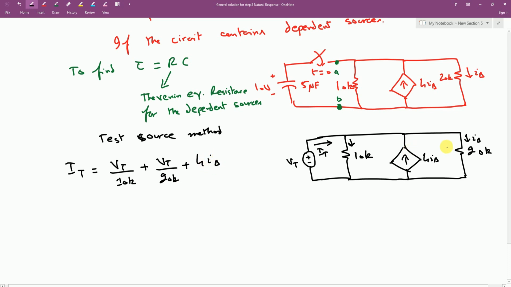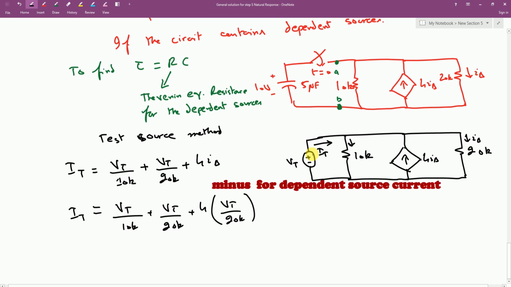Now notice that this I delta is the current which is flowing through the 20 kilo ohm resistance. So I can write this as Vt over 10K plus Vt over 20K plus 4 times Vt over 20K, and that is equal to the total current which is supplied by this test source.